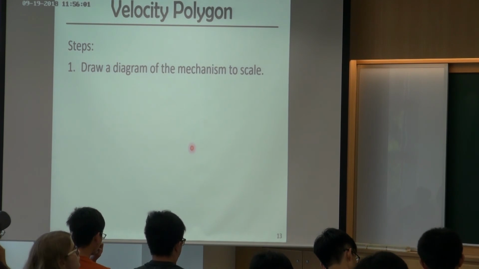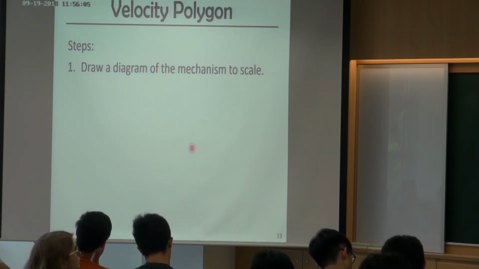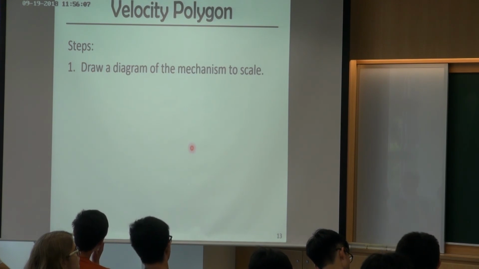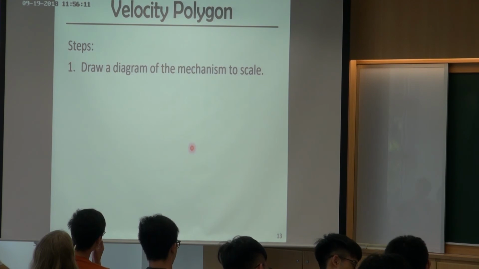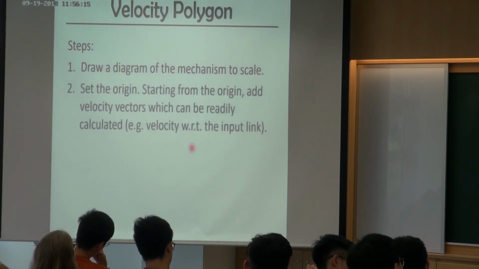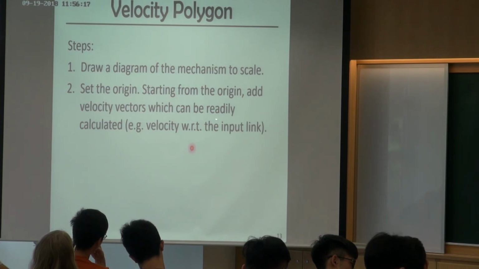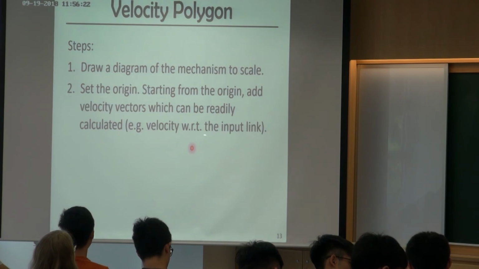We'll see an example later, so it will be clearer to see the example directly. But let's just go through the steps. First, you draw a diagram of the mechanism to scale. And you set the origin and start from the origin with the velocity vector which can be readily calculated, like the velocity with respect to the input link.